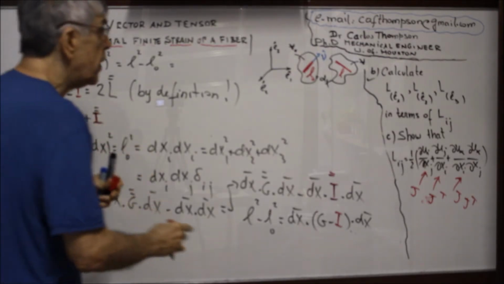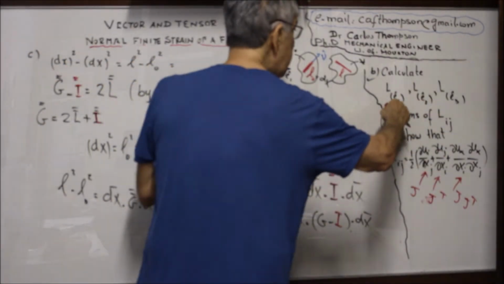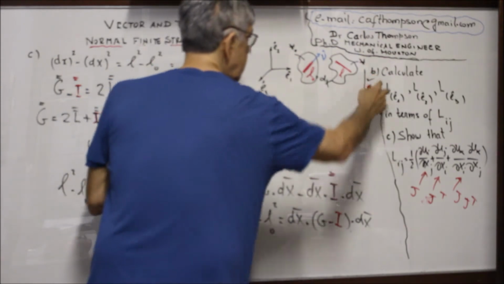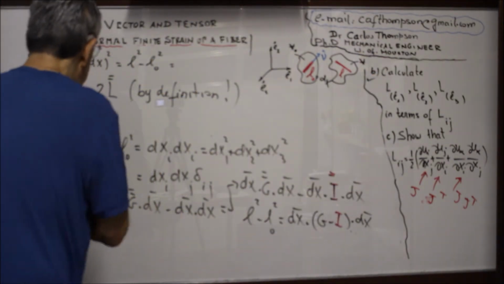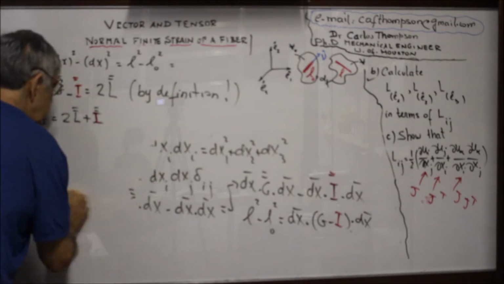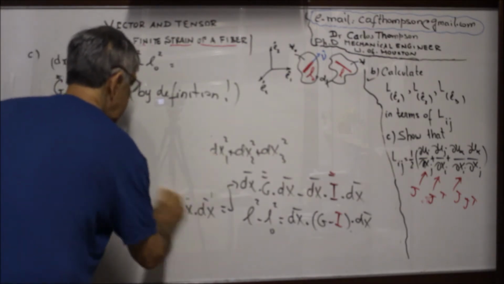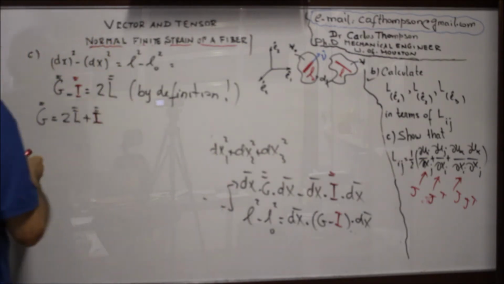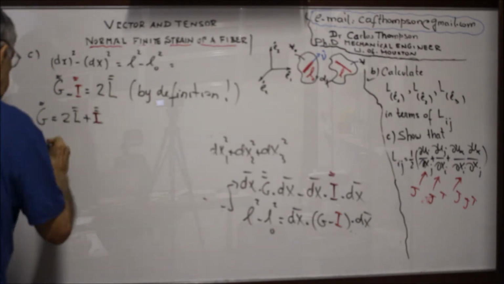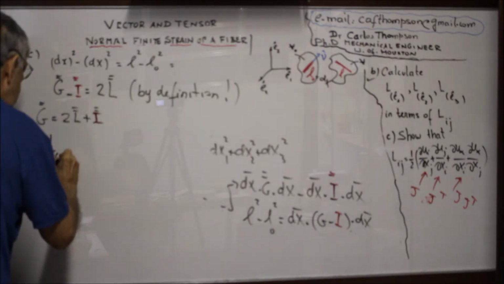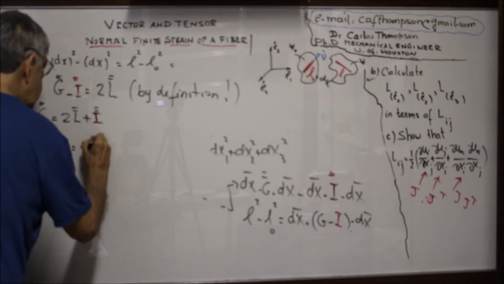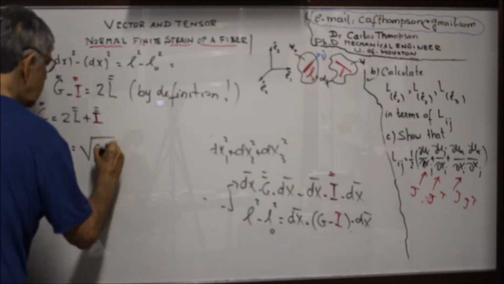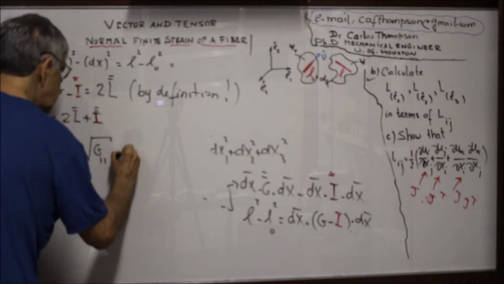Now we can come back to item B and write, I don't know if you remember, but L of E1 is equal to square root of G11 minus 1.